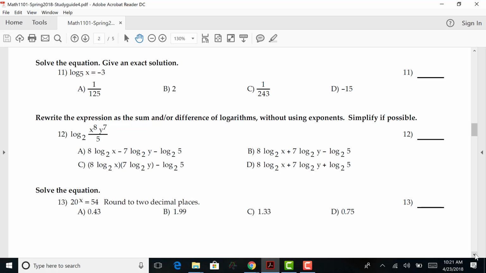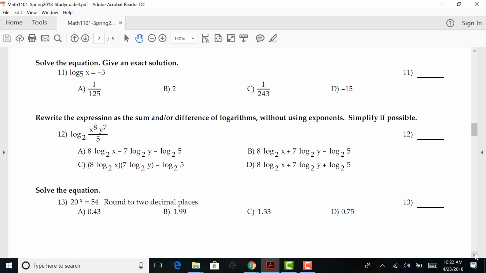No. In other cases, you may have to. In this particular case, we're just testing to see if you remember how to use the properties.